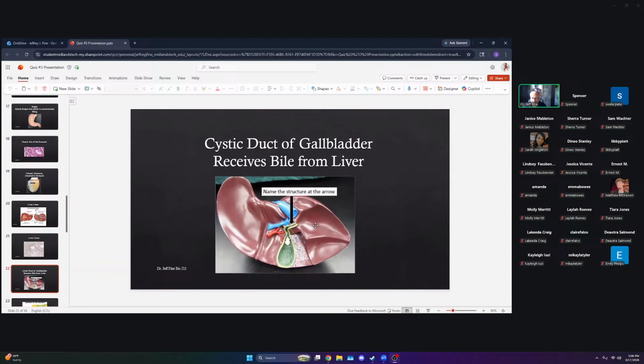Bile is produced by the liver, and the liver can send that bile down to the small intestine for chemical digestion.